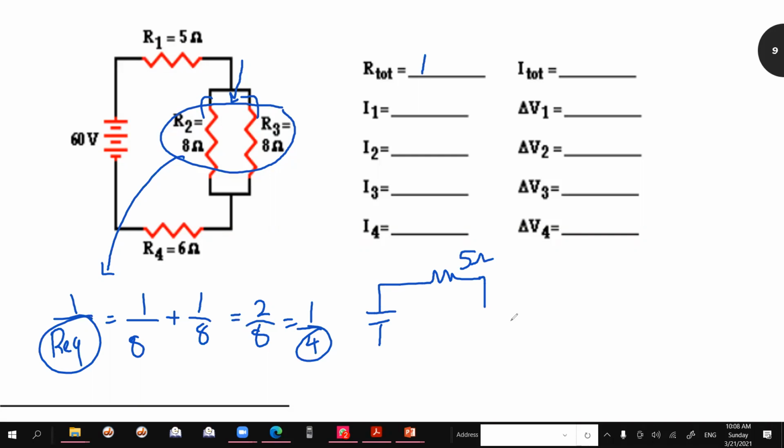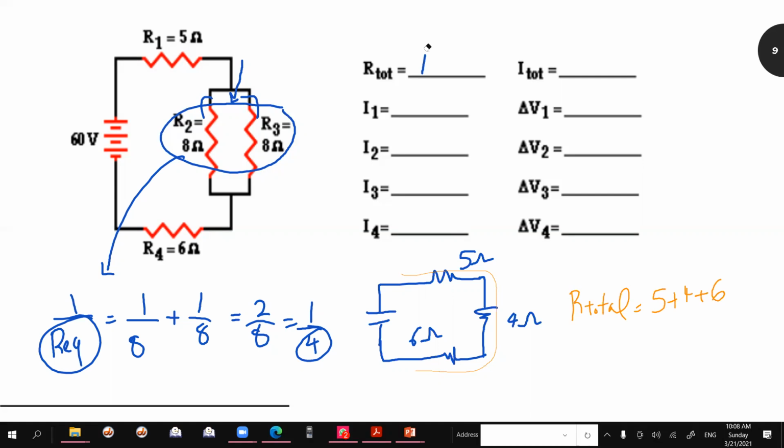Here we have the R equivalent, which we found to be 4. And here we have 6 ohm. Then the current, when it continues in this path, has only one path. So they are connected in series. So the R total here will be 5 plus 4 plus 6, which is 15.